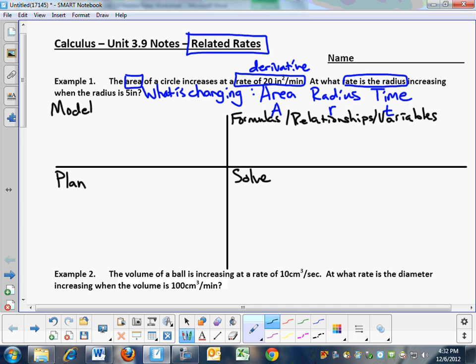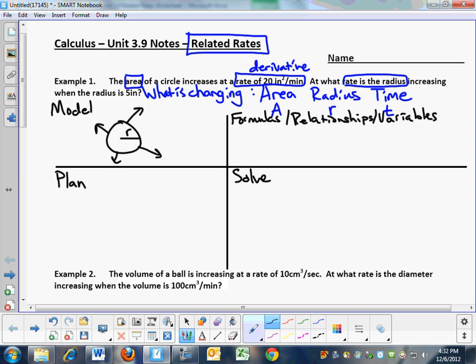So, we model the problem. The area is increasing. Well, we've got the circle going out, getting bigger. The radius is increasing, just so we understand that's the shape. So what kind of formulas, relationships, variables can we express in this type of problem?